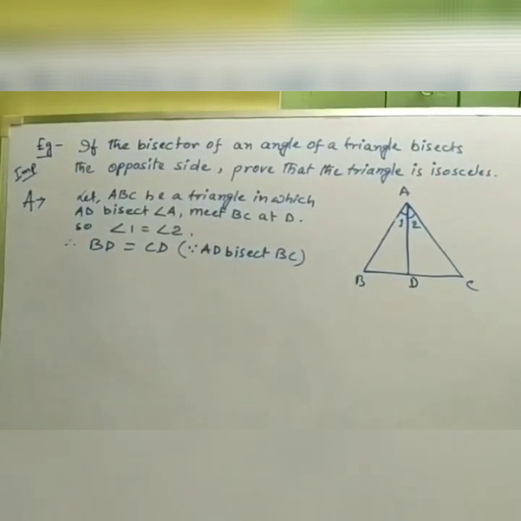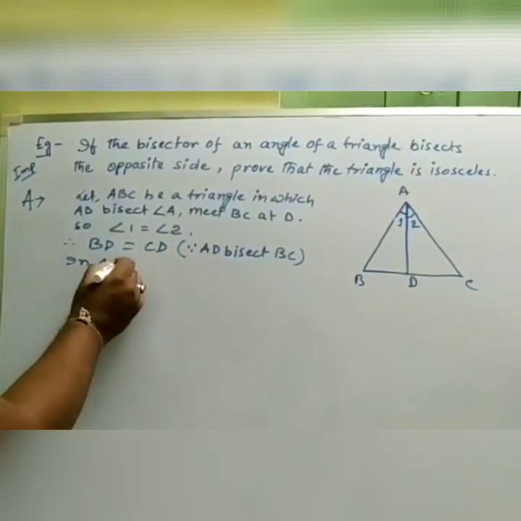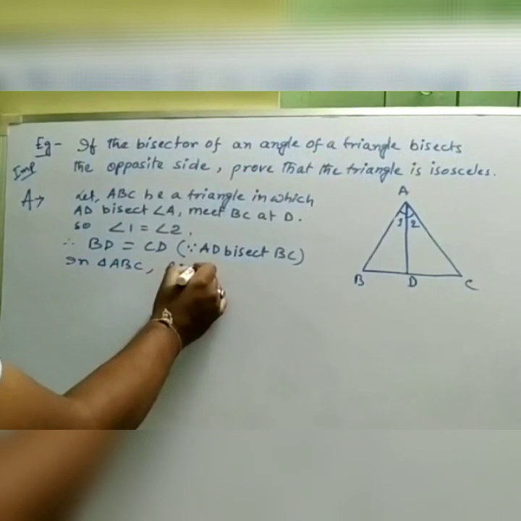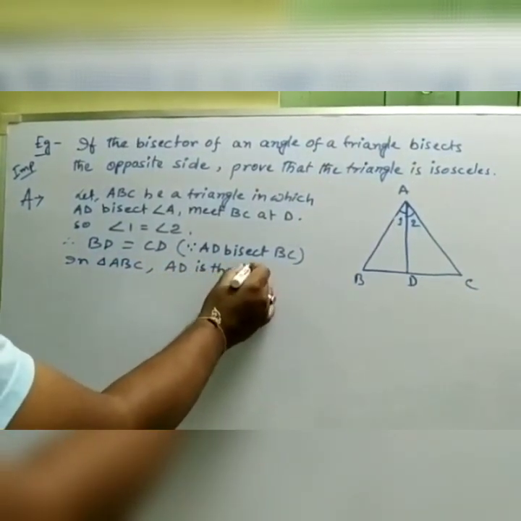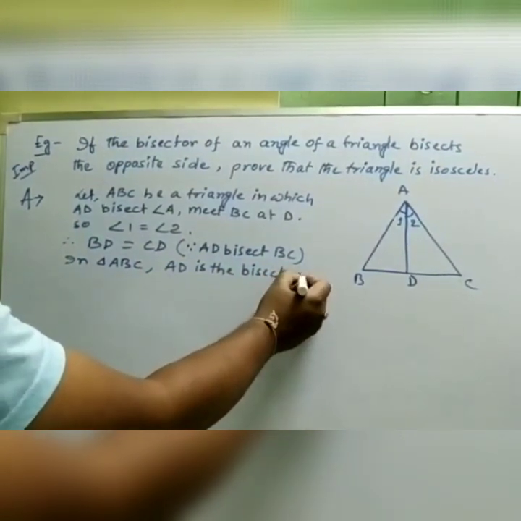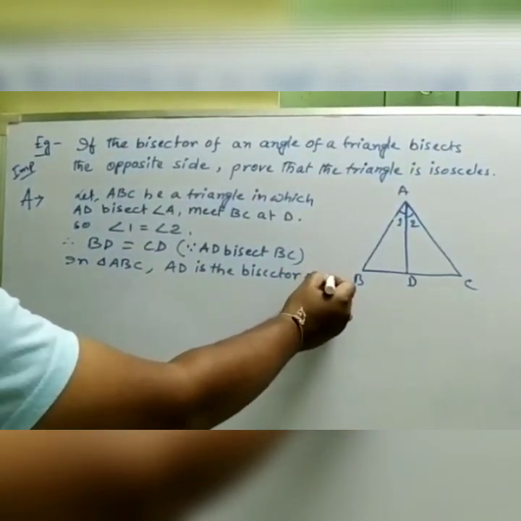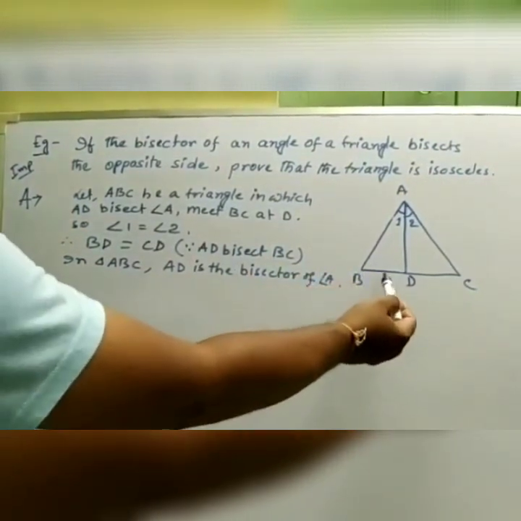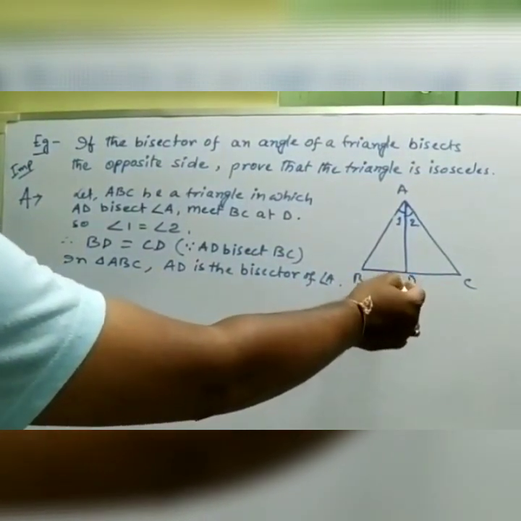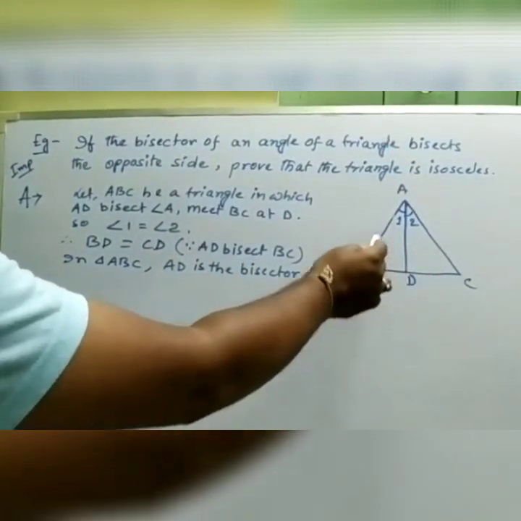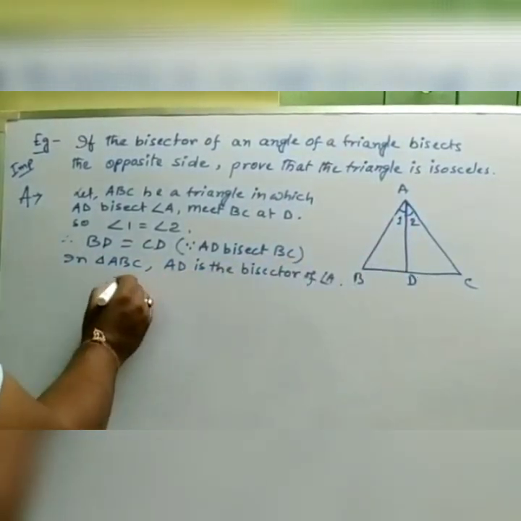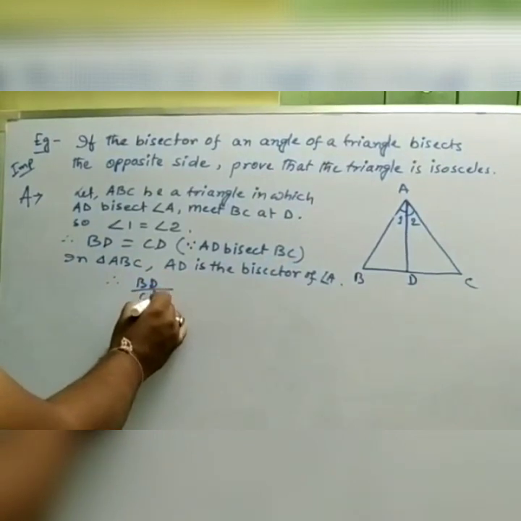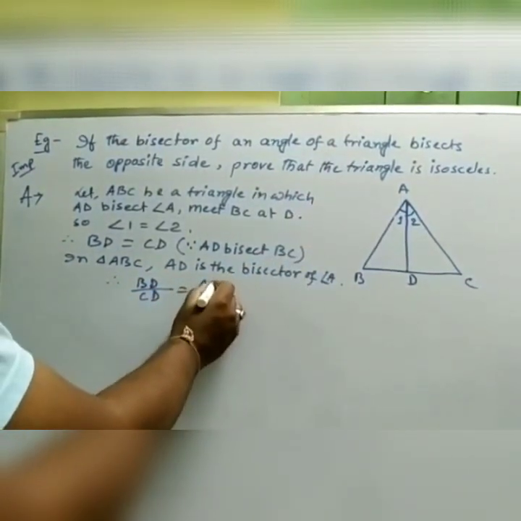Now we have triangle ABC, and AD is the bisector, so we write: in triangle ABC, AD is the bisector of angle A. So from the internal bisector theorem we know that the ratio of the segments of the opposite side is equal to the ratio of the sides containing the angle, that is BD by CD equals AB by AC.